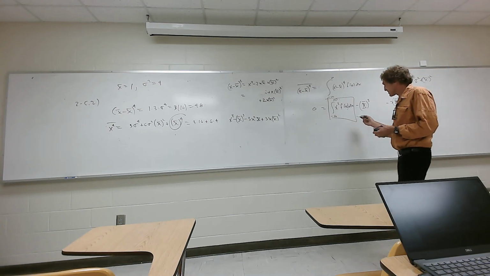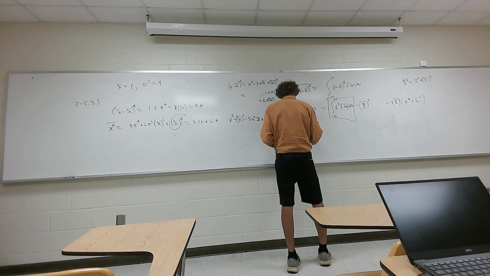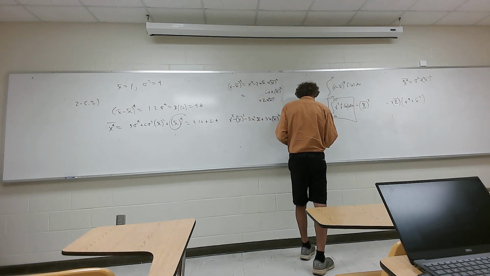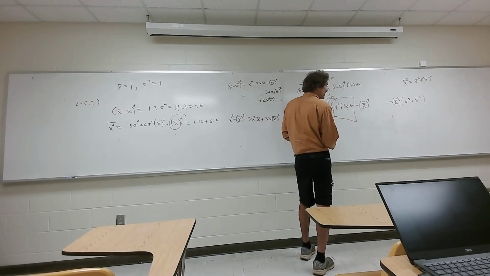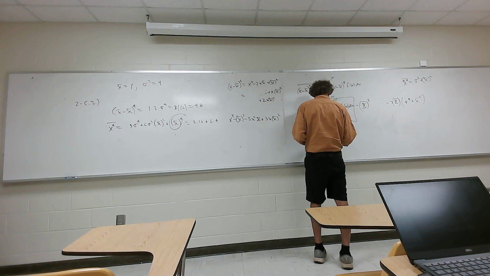So the third moment here would be equal to the actual mean value cubed plus 3 times the mean value times the variance, which is 4, plus the mean value squared.